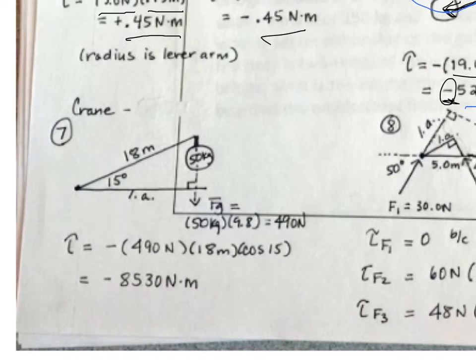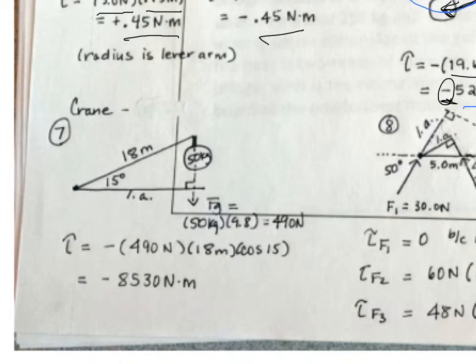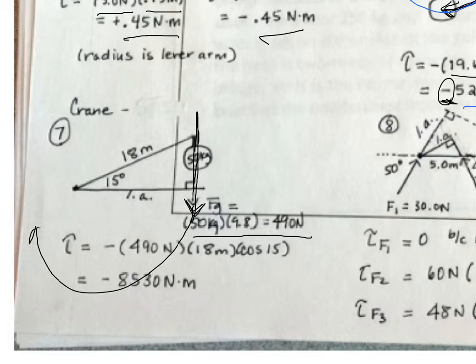Number 7 is a crane, and this is your line of action, because this is the weight of the crane that is being lifted. 50 kilograms times 9.8, get 490 newtons. This is going to be a clockwise rotation, and so I am going to take a negative 490 newtons.